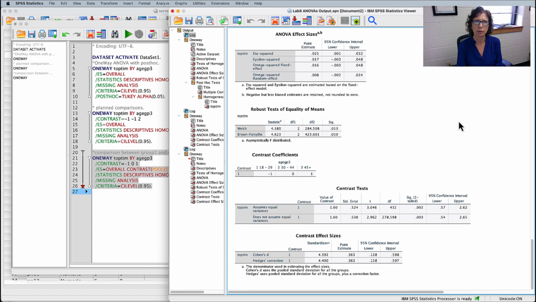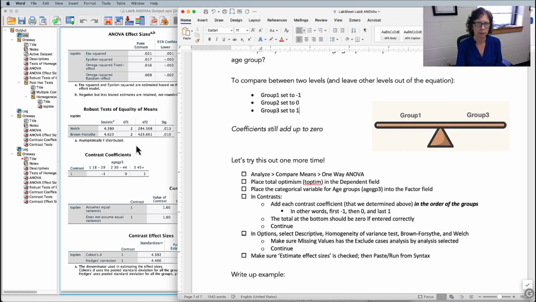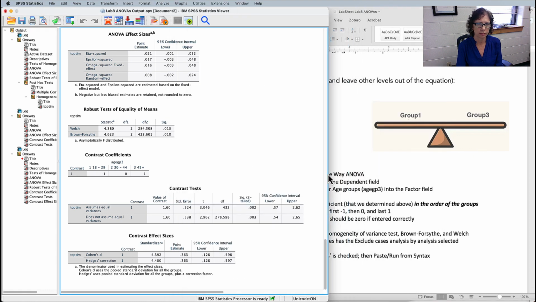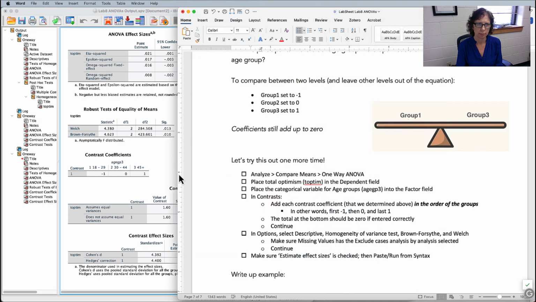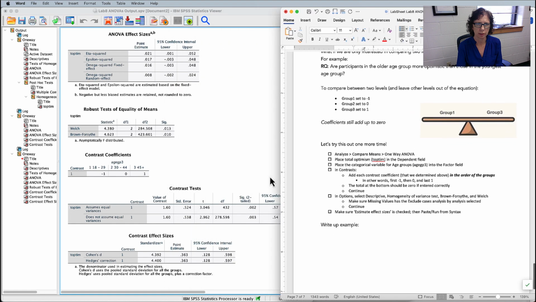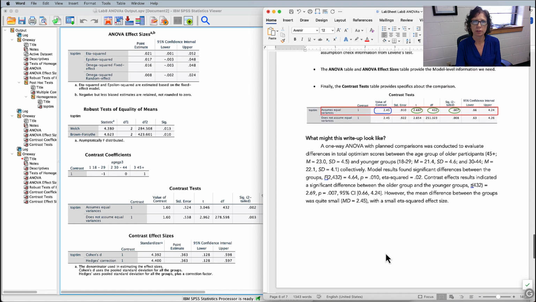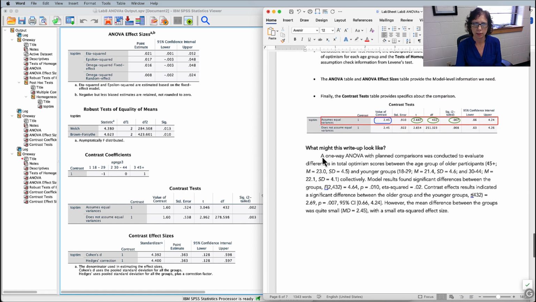What would the write-up look like for this? Let's try it. I'm going to arrange this so that we can just get the information and write it up right here. So it's going to start very much the same. I can take a lot of this information. Remember, because the model results are the same, it's just the contrast effects that are different.